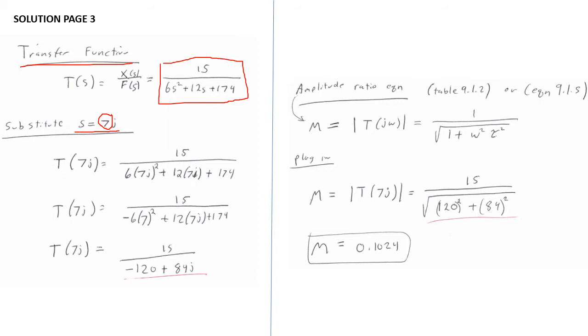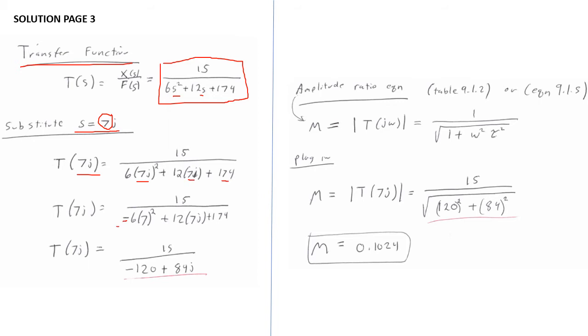So we go to our main equation up top there, and everywhere there's an s, we can plug in a 7j. T of 7j is equal to 15 over 6 times 7j, quantity squared, plus 12 times 7j plus 174. If we square this right here, we end up with a negative value.